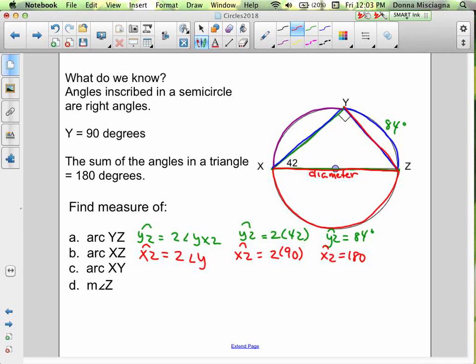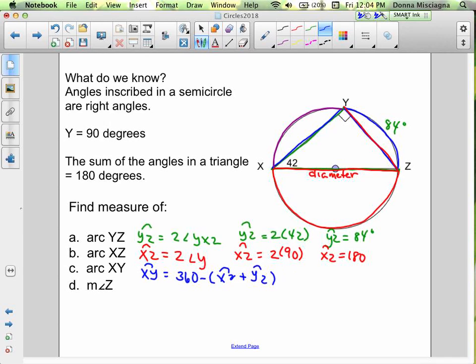So arc XY is going to be equal to 360 degrees, the whole circle, minus the other 2 arcs, minus arc XZ plus arc YZ.